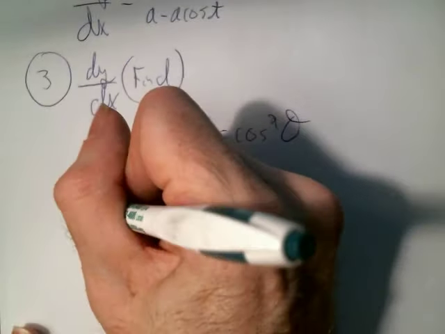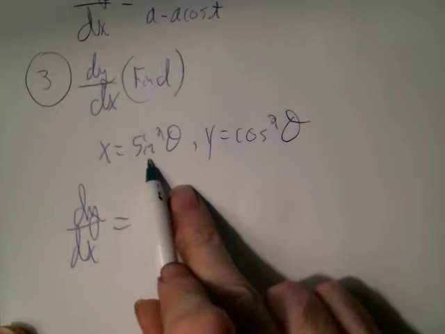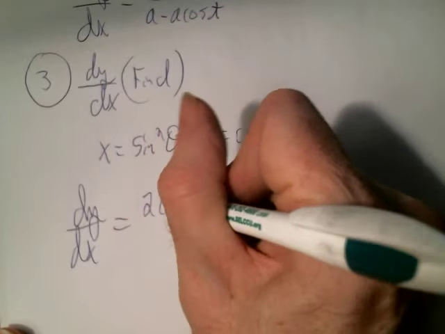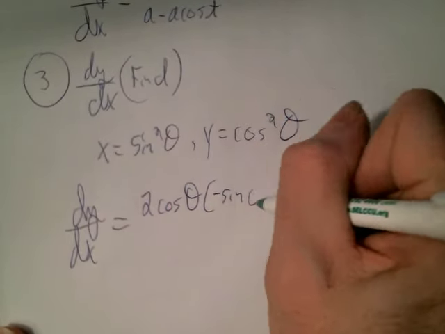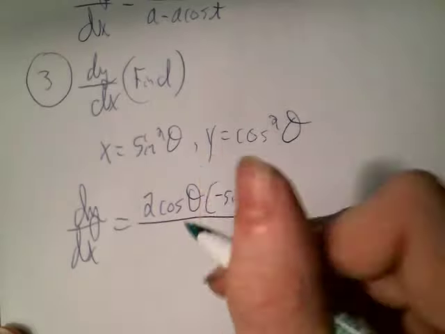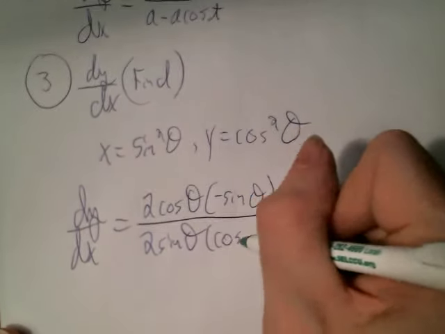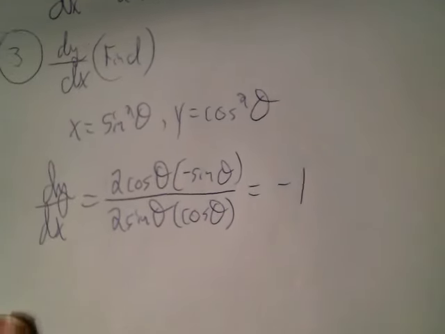So our derivative, dy with respect to dx, is the derivative of this over the derivative of this. The derivative of this is 2 cosine theta times the derivative of cosine, which is negative sine theta, all over the derivative of this, which is 2 sine theta times cosine theta. This is then equal to negative 1.